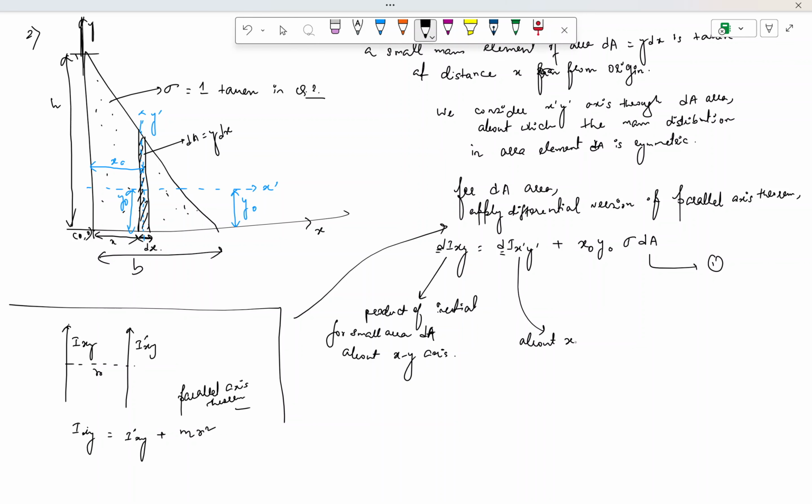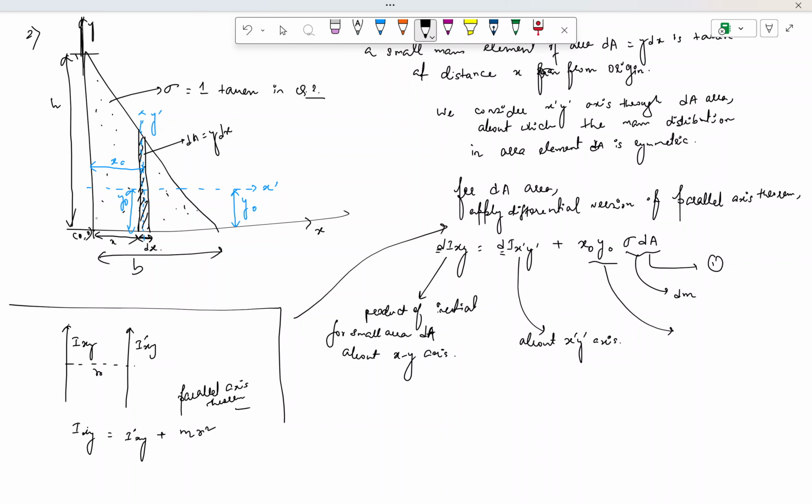And this is the product of inertia of this small area element dA about the x prime y prime axis. This whole part is the mass of the small area dA, equal to the mass density per area times the area element, and x naught y naught is simply the distance of this area element from the xy axis to the x prime y prime axis.